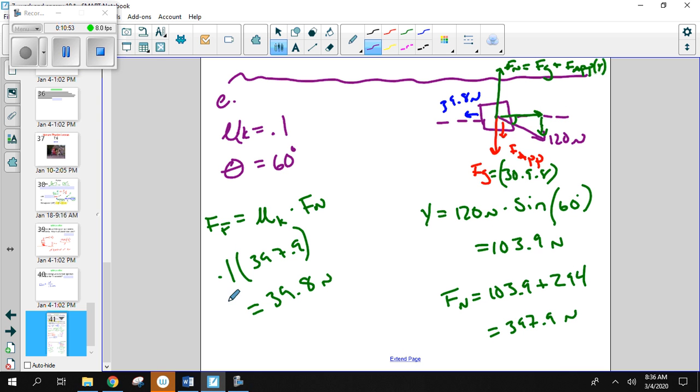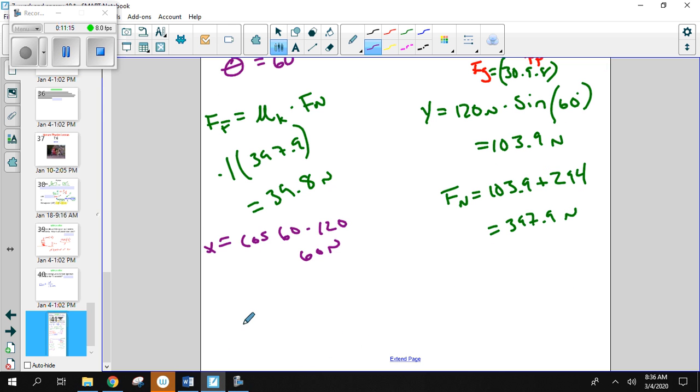So we need to figure out our distance, which means we need to figure out our acceleration, which means we need to know how much we are pushing in the x direction. So the x component should be the cosine of 60 times 120. So 60 newtons.